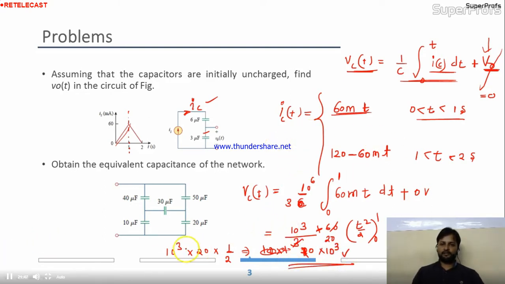Okay, so the value of voltage here is VT, and because he is asking in terms of T only, instead of 1 I'll write T only. T square, it will be 10 into 10 to the power 3 T square in terms of time T. This is the voltage across the capacitor in this region only. This is not the entire one, because we need to get the value of this one also. I hope this is clear to you. Up to here it's clear.